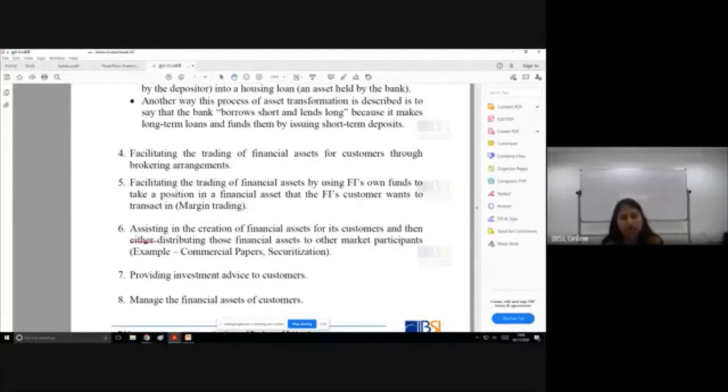So they will do work to the benefit of the customer. Yes, they will get a commission, but their function is to manage that financial portfolio and grow it. That's their main role. Okay, that is also now currently done by certain banks' investment units. They also look into the managing of financial assets.